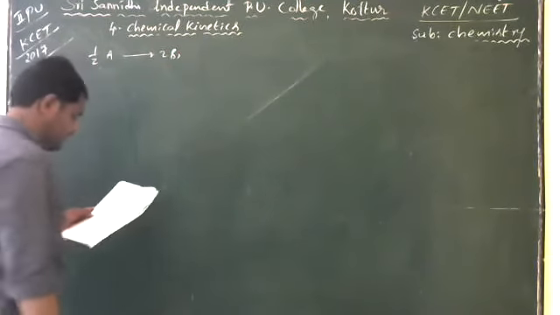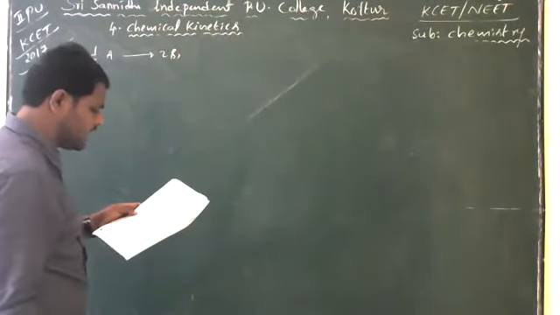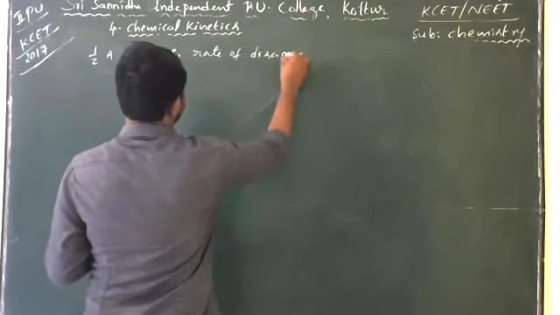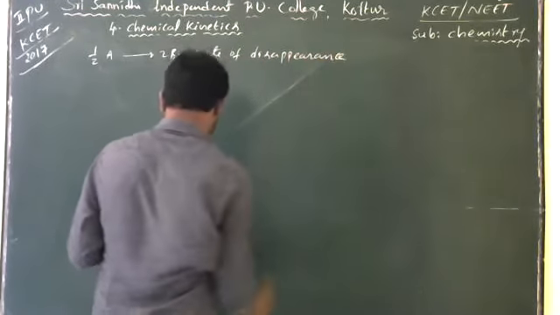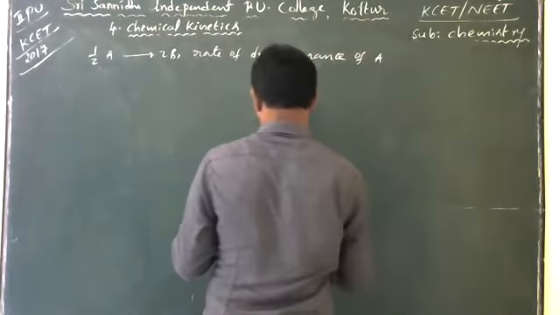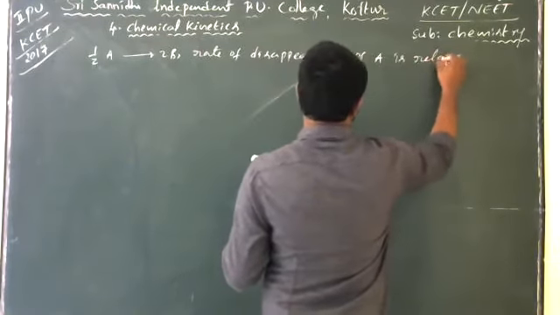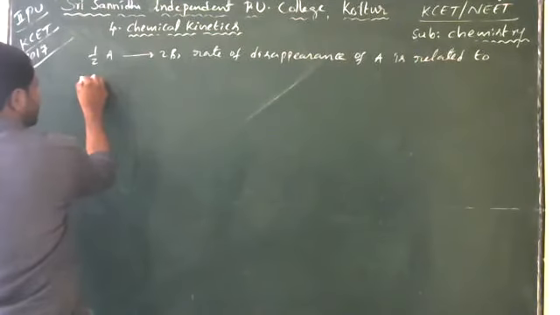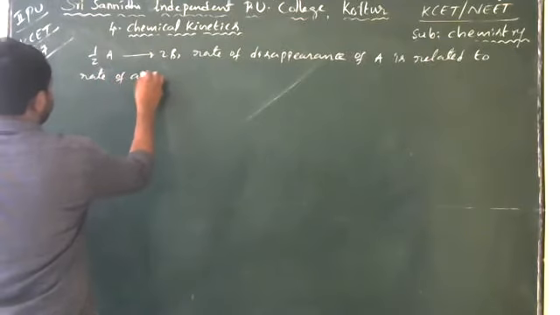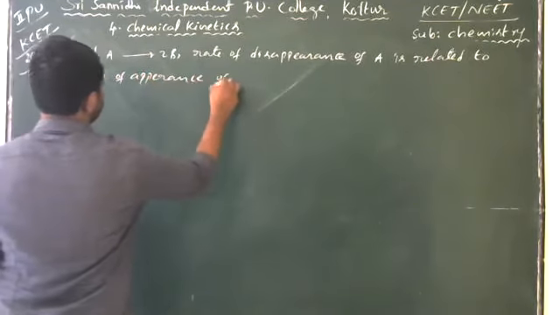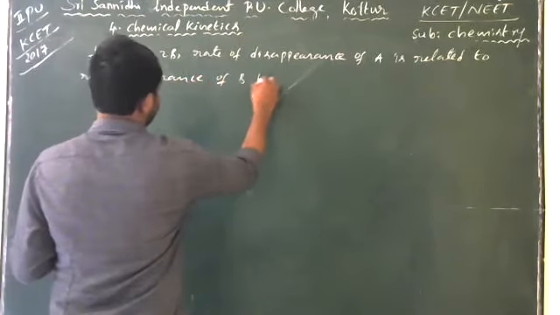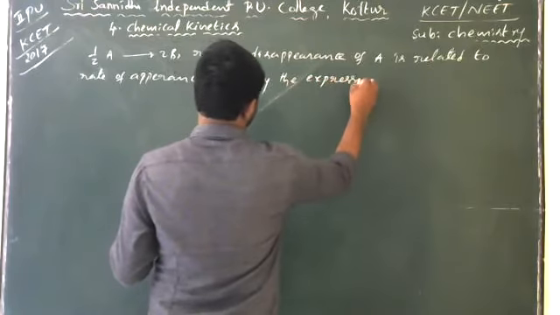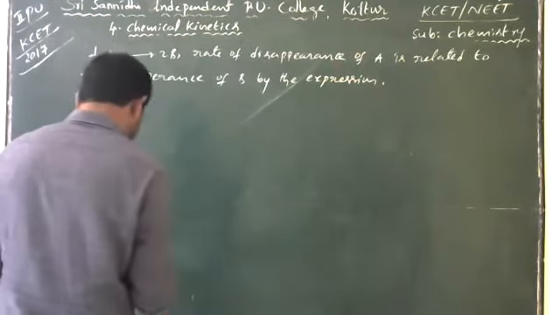The rate of disappearance of A is related to the rate of appearance of B by the expression. That is, option A is given.